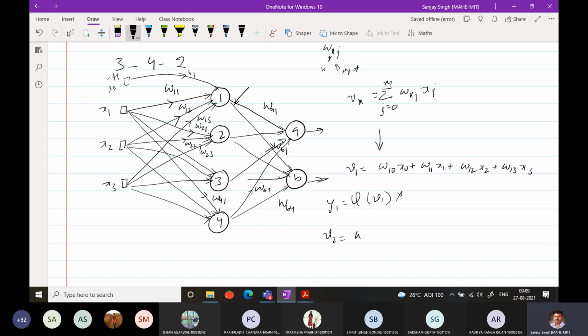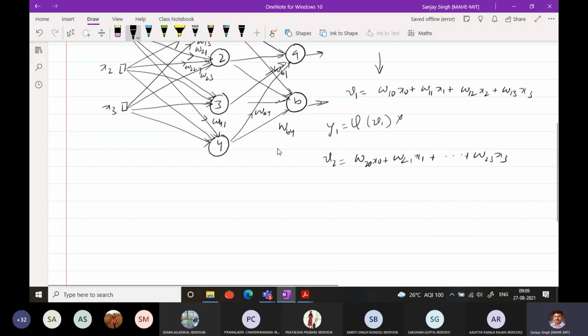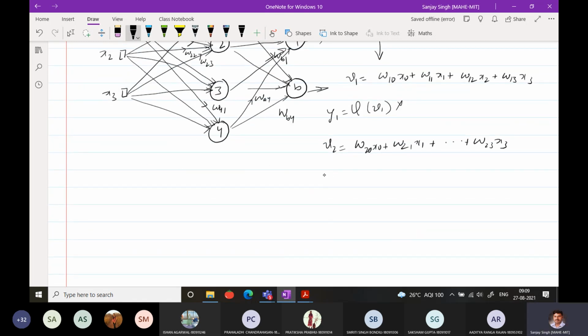So I can write this one as W20 x0 plus W21 x1 plus, and let's say W23 x3. Likewise, I can have V3 as well: W30 x0 plus W31 x1 plus W33 x3.